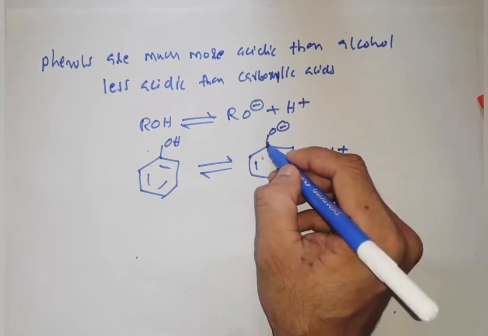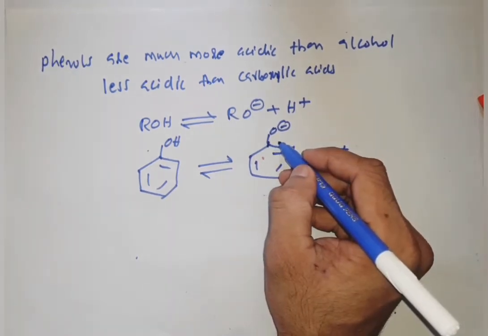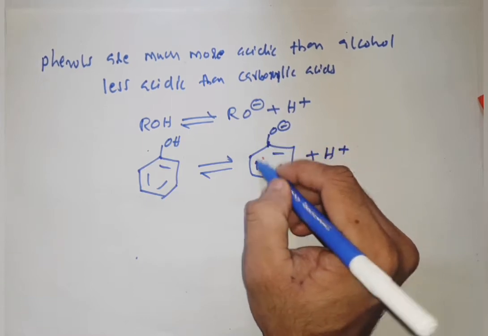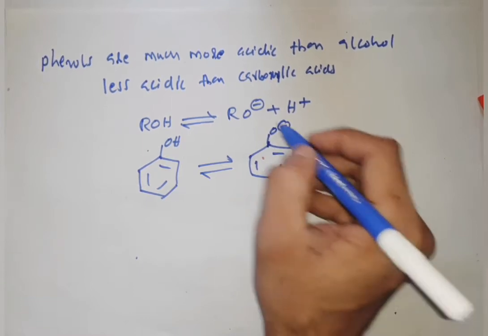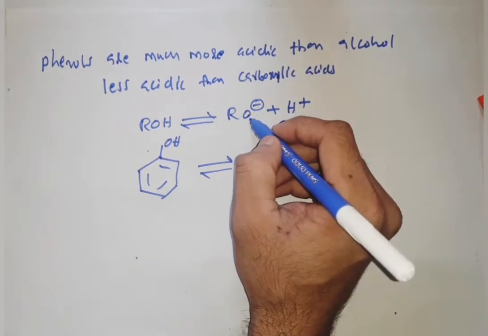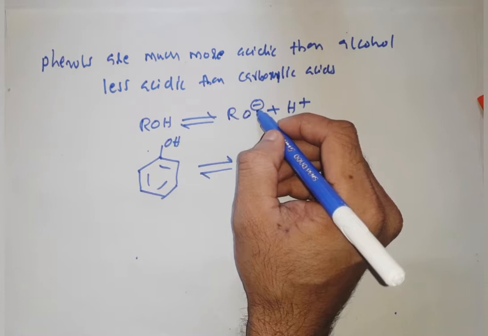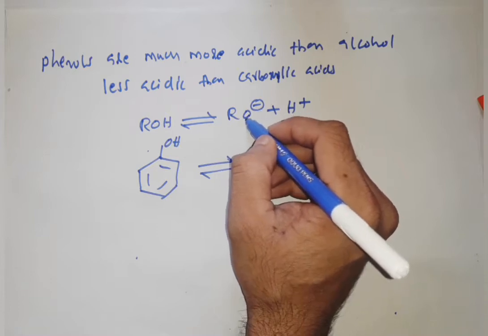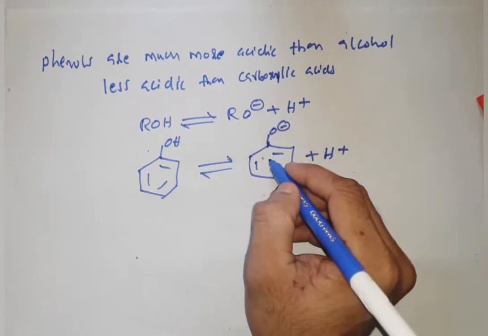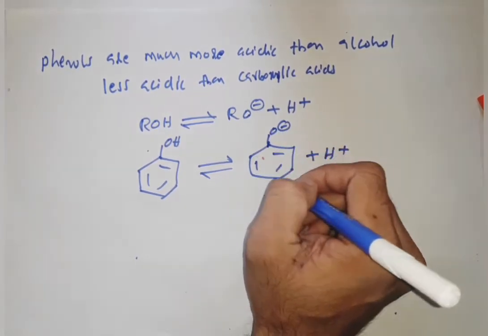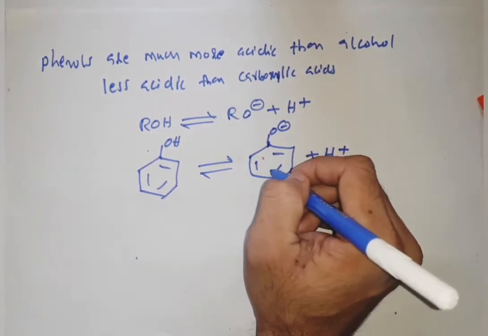This phenoxide ion, as already discussed, is resonance stabilized. But the alkoxide ion is less stable because the negative charge is concentrated or localized on the oxygen atom only. In the case of phenoxide ion, the negative charge on this oxygen atom is delocalized throughout the benzene ring.